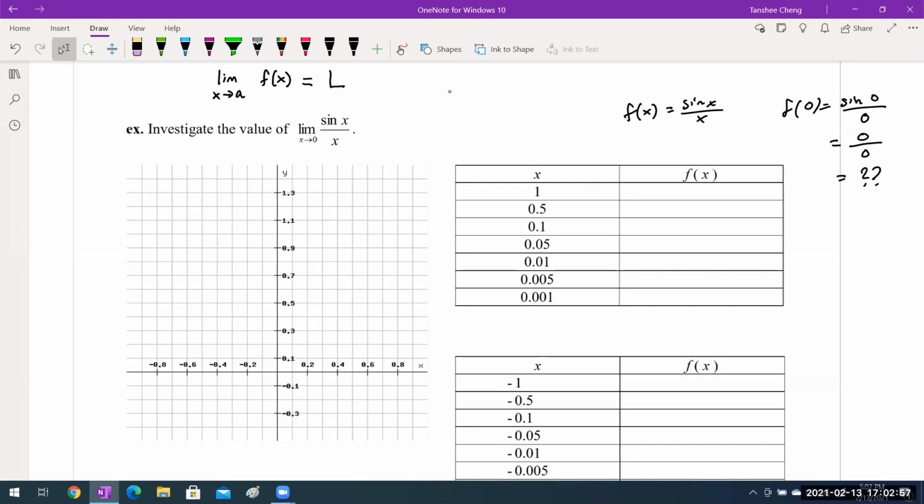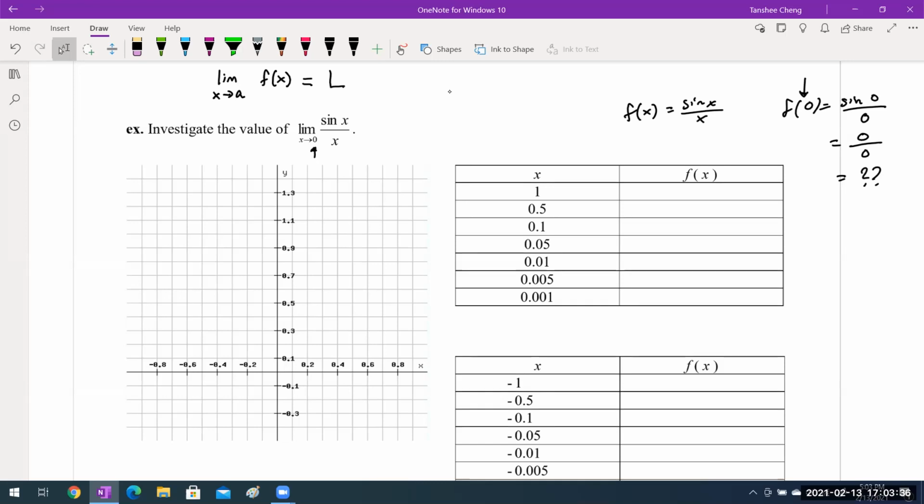So now the question is, I know the function is not defined at 0, but what about the limit? Here is a clear illustration of the difference between the function value and the limit value. We already know the function is not defined at this point, because there's no output value. However, it may not be true for the limit, because the idea of the limit is not looking for where x is exactly at 0.